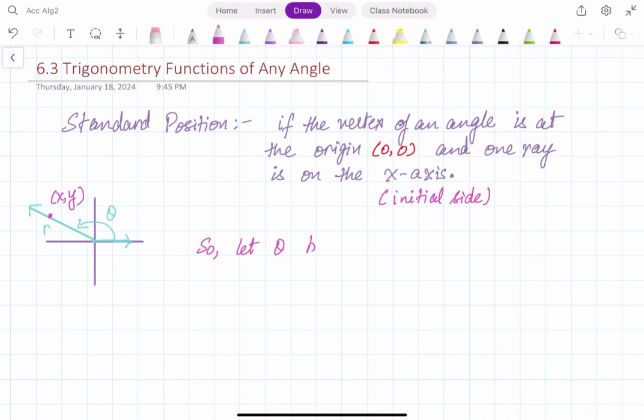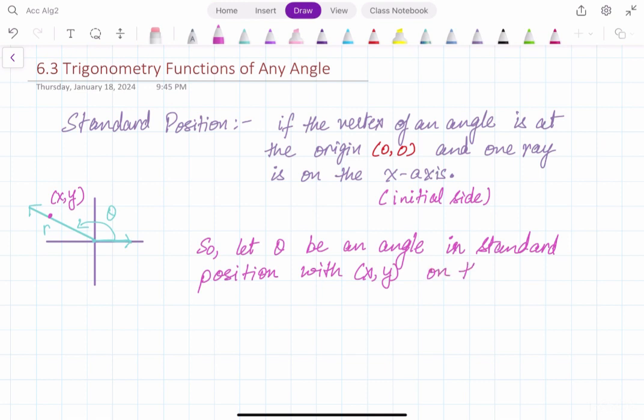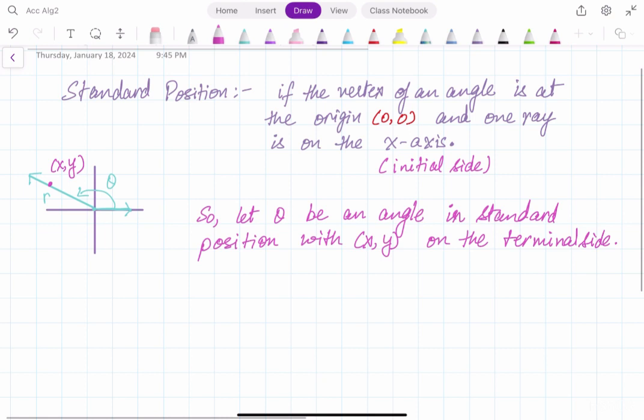In this case, let theta be an angle in standard position with x and y on the terminal side. That terminal side from the point x and y to the origin is represented by r.